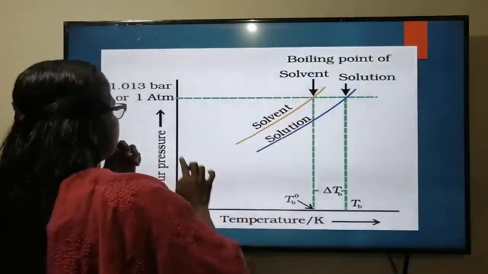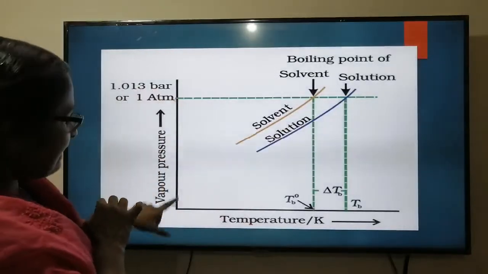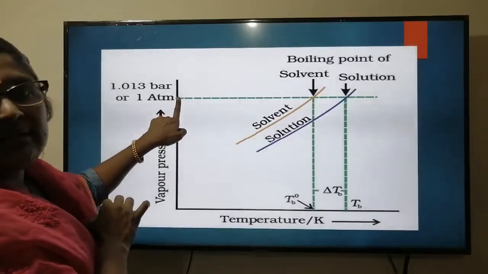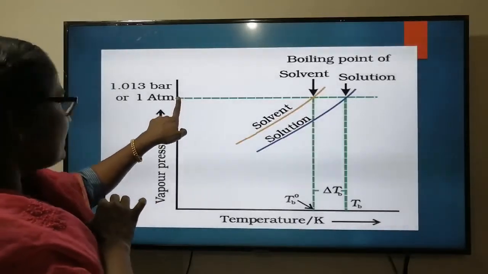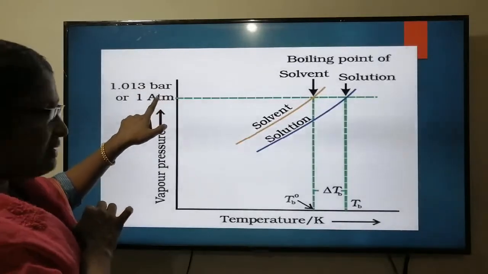In that case, suppose this is 1 atmospheric pressure on this scale, and we know that atmospheric pressure is 1 atmosphere or 1.013 bar. That is the normal atmospheric pressure.